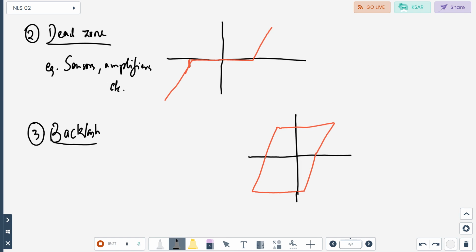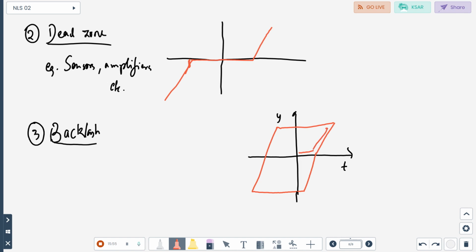It will be centered around the origin. This is your output with respect to time t. As you can see, the output initially does not change with respect to time t for a certain period, then it starts to increase.